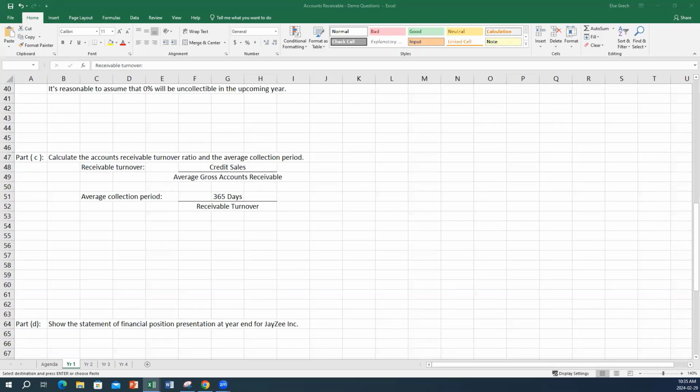Perhaps you're extending credit to uncredit-worthy customers, or you just have an impossible time collecting from your customers. Keep in mind, this is an issue of liquidity. Liquidity is how quickly assets are converted into cash.